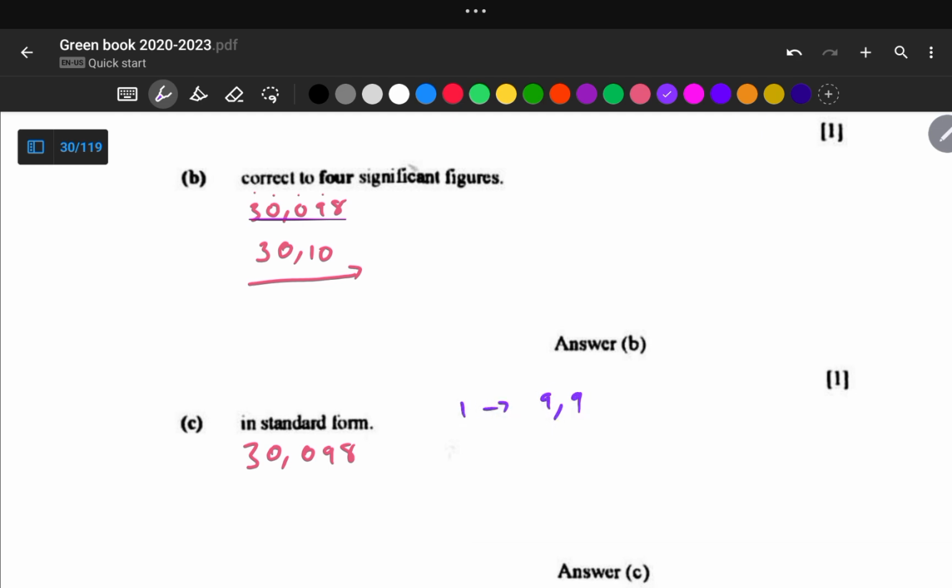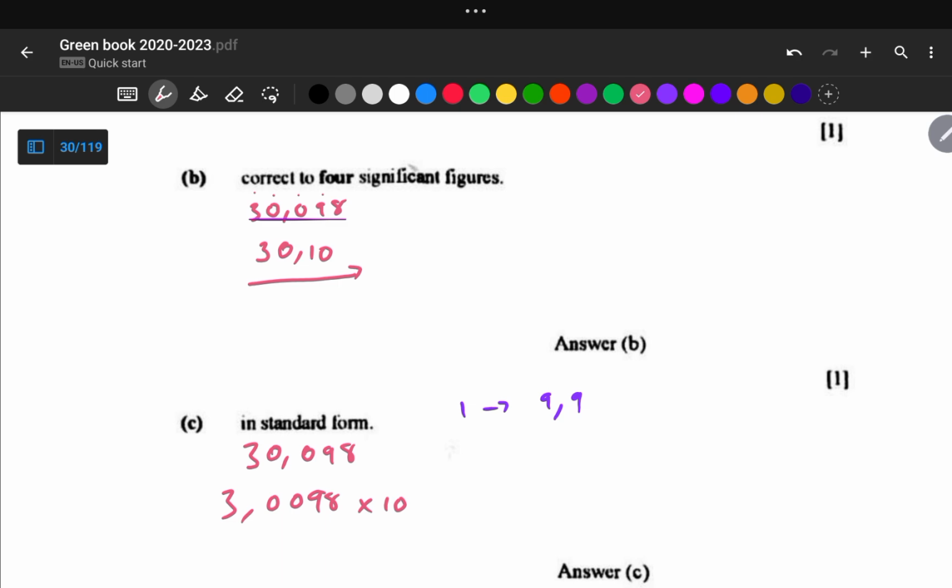So we say it is 3.0098, and we are required to multiply this number by 10 and raise that 10 to a certain power, so that you can go back from this new value, 3.0098, to 30.098.